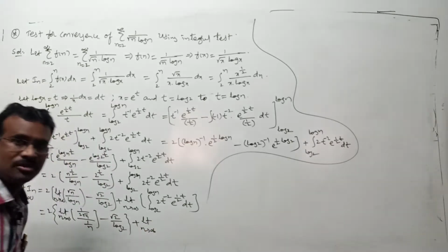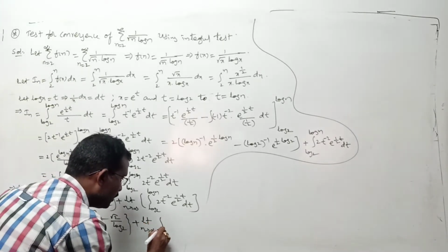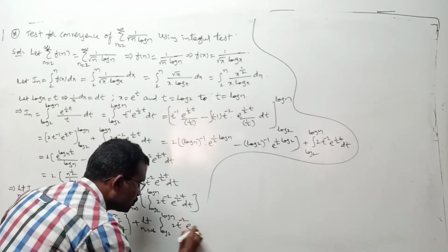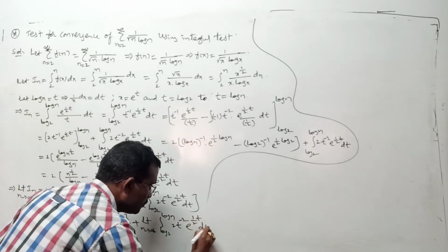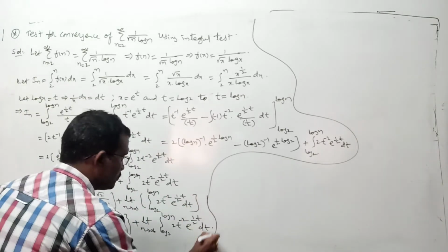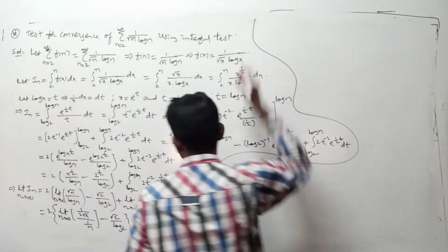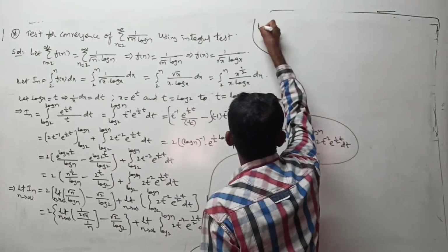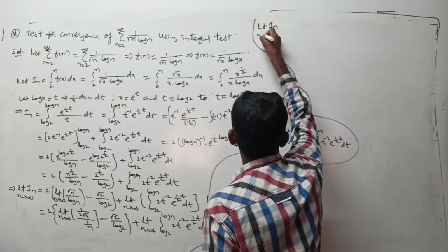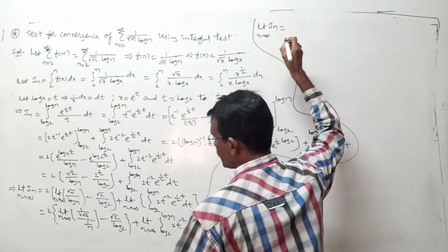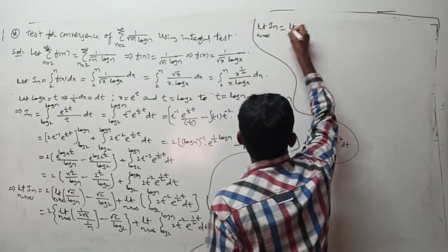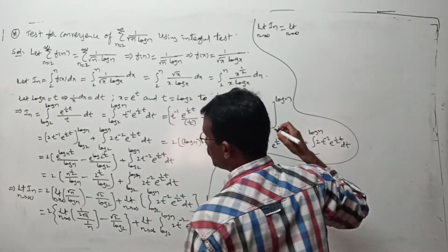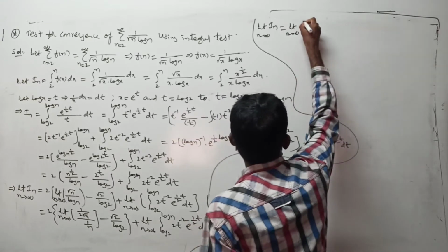Limit as n tends to infinity, what is that, ma? Integral log 2 to log n 2 into t power minus 2 e power 1 by 2 t dt. Any problem is there? Almost we are at end stages. Just see here, ma. Here, this means limit as n tends to infinity is equal to, here limit as n tends to infinity, this is n, na, is it root n or not? I mean root n by 2 or not?